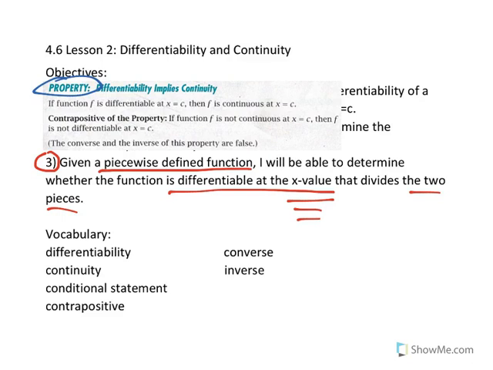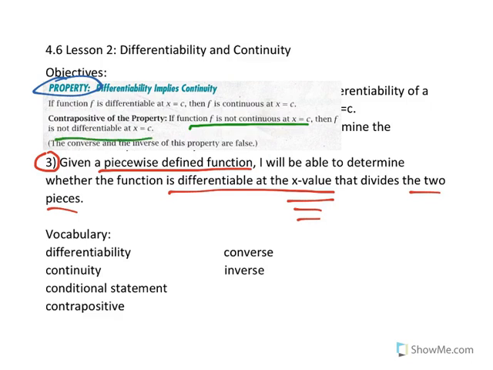So here is what you have to understand about continuity. Continuity is necessary for differentiability, but it is not sufficient for differentiability. What that means is the following. We know that if a function is not continuous at x equals c, then it is not differentiable at x equals c.